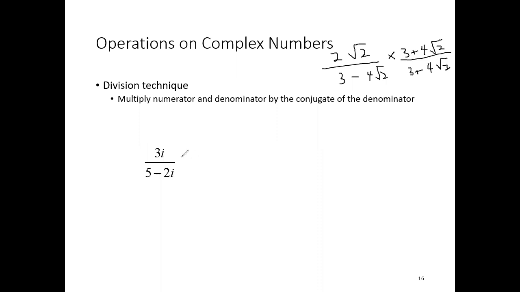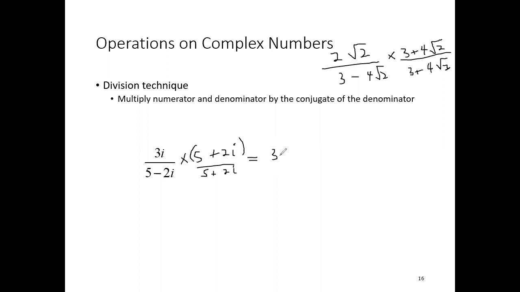In the same light, we're also going to multiply this by the conjugate of the denominator, which is 5 plus 2i over 5 plus 2i. And when we expand this, that should be very simple.